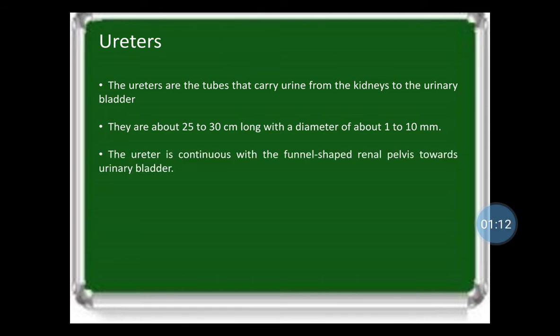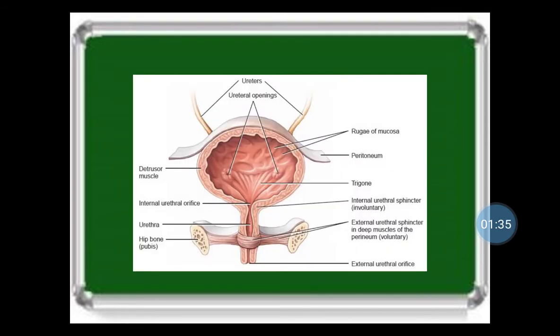Then the ureter is continuous with the funnel-shaped structure in the kidney, which is called the renal pelvis, toward the urinary bladder. The wall of the ureter is formed of three tissue layers. First is the mucosa, second muscularis, and third is the adventitia.